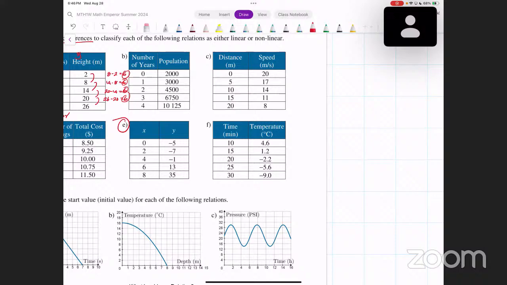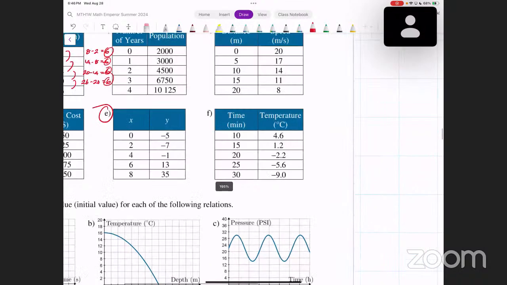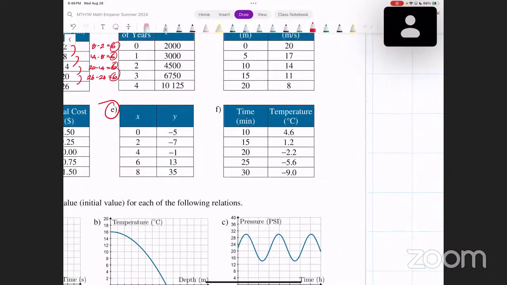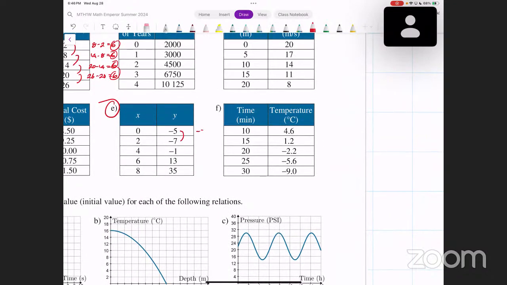It's all about the first difference. Did you guys calculate the first difference? Did you calculate by taking the difference between two adjacent y values? -7 minus 5 is going to be -2, isn't it? -1 minus 7 is going to be +6, isn't it? 13 minus -1 is going to be 14. 35 minus 13, so 22, isn't it?